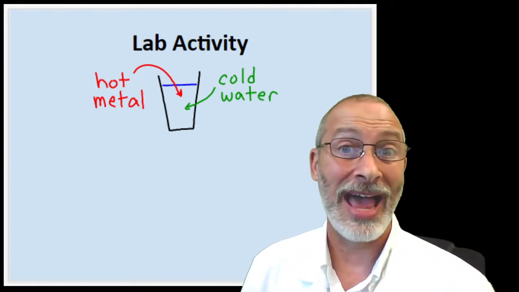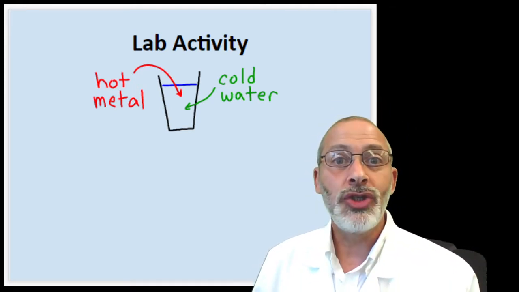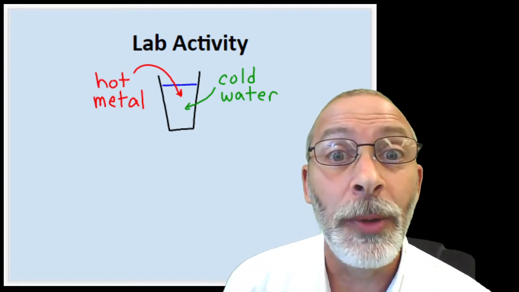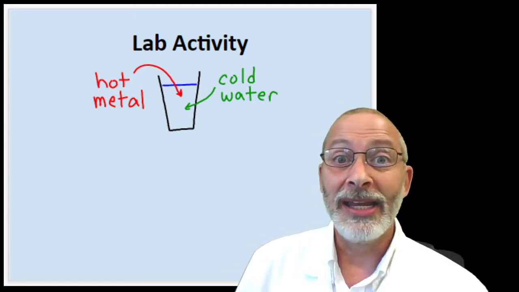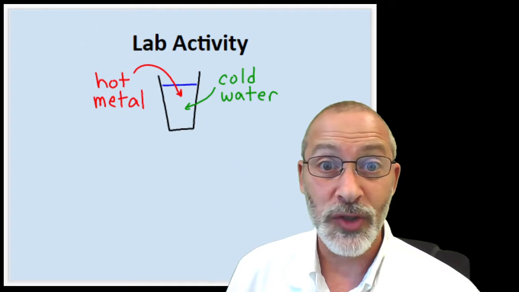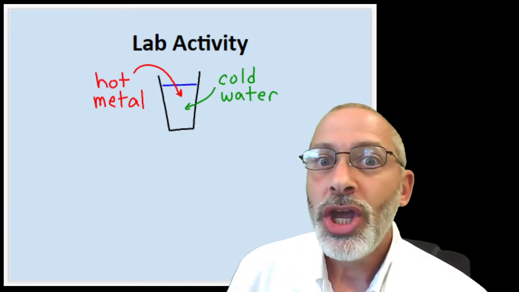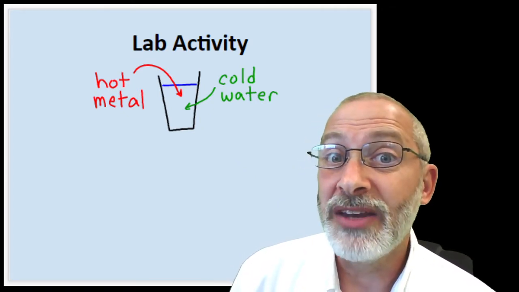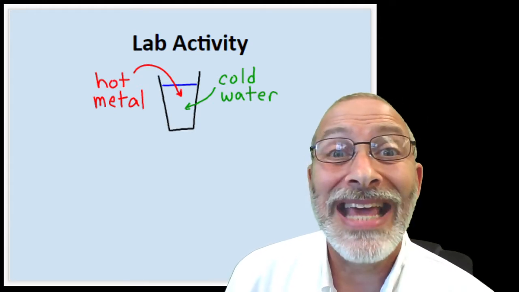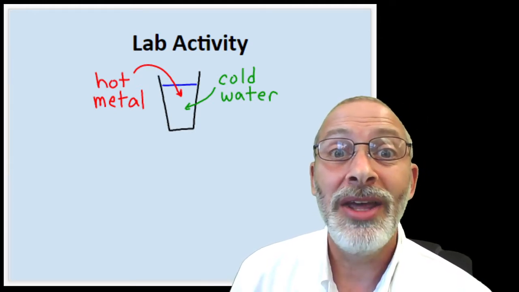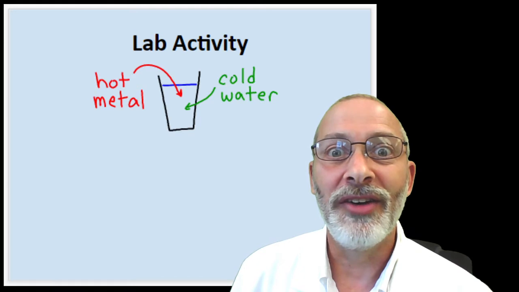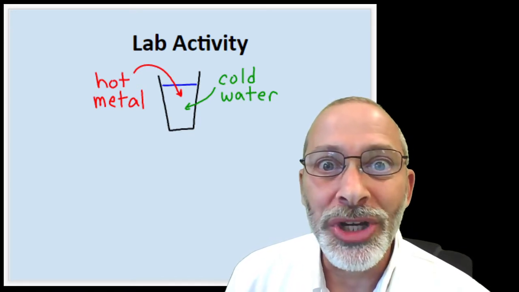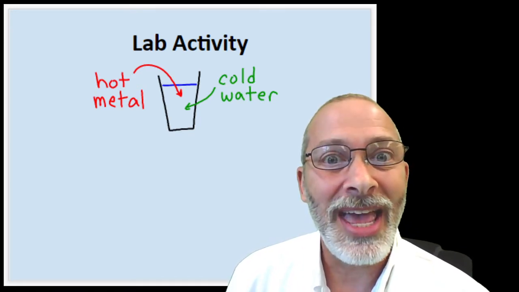And more than that, as I mentioned to you yesterday, we're making this a little mystery. If we are able to calculate the specific heat of a metal, can you use the specific heat of that metal in order to identify an unknown hunk of metal? That's what you're going to try and do here today.